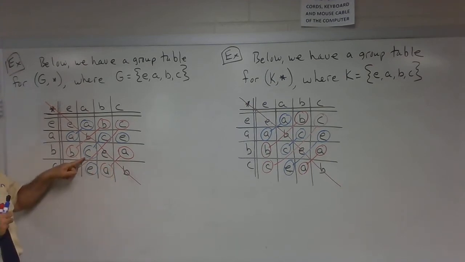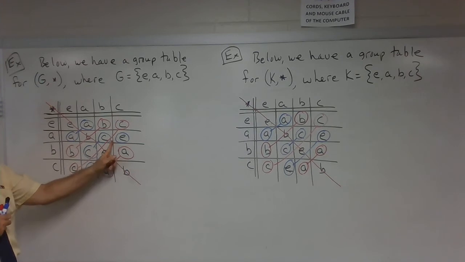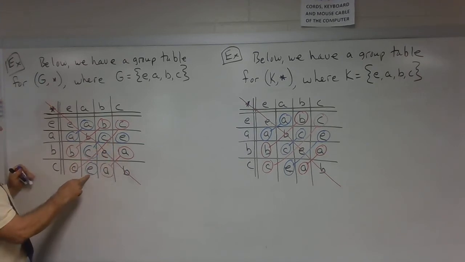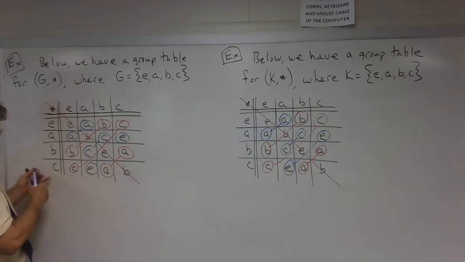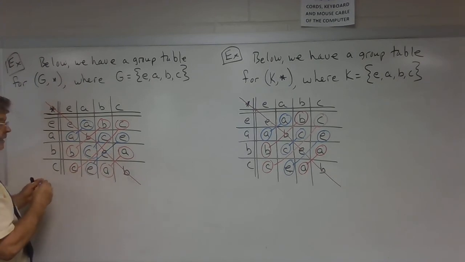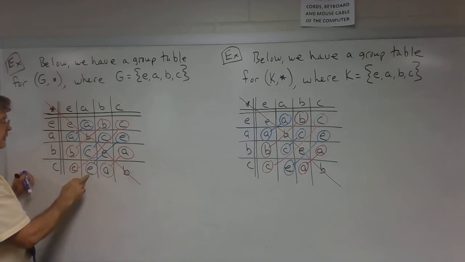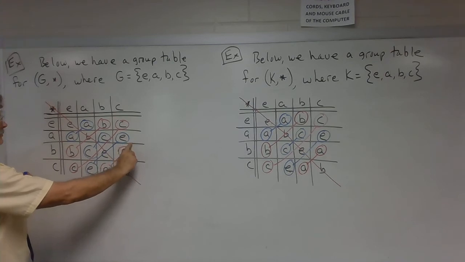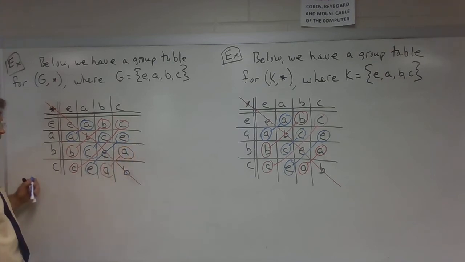It's in row B, column A. If we switch the row and the column and go to row A, column B, we get the same element. This element, it's in row C, column A. And if we switch the row and the column and go to row A, column C, we get the same element.